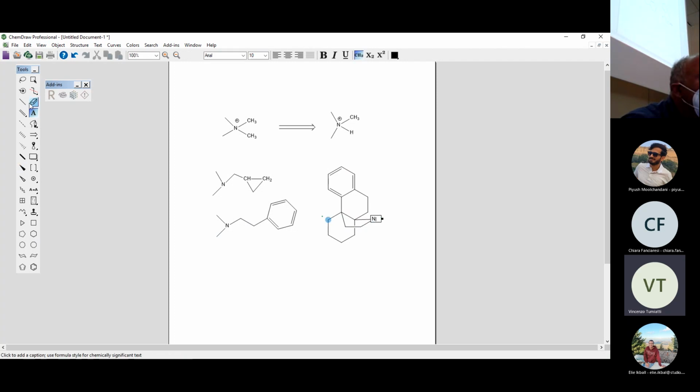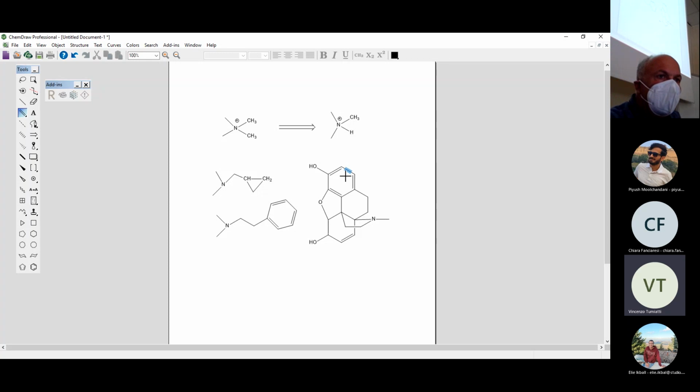Nitrogen, this point, methyl group, OH in this position, OH in others. And then we have the epoxide bridge here. Double bond in this position.